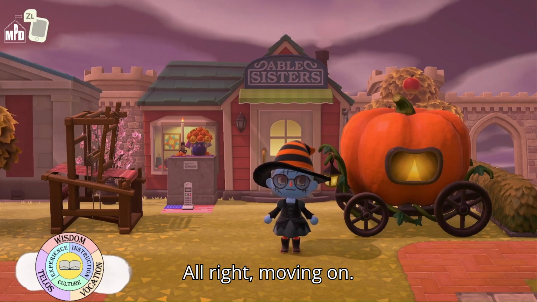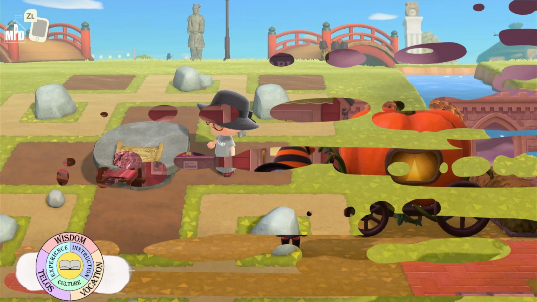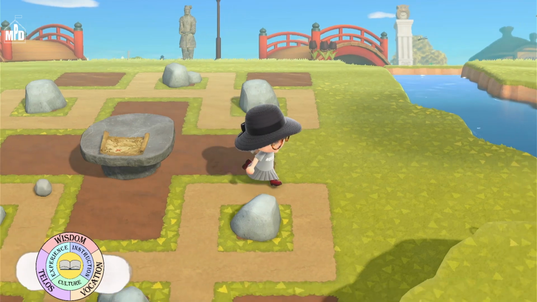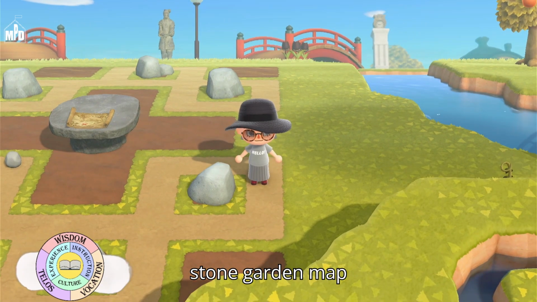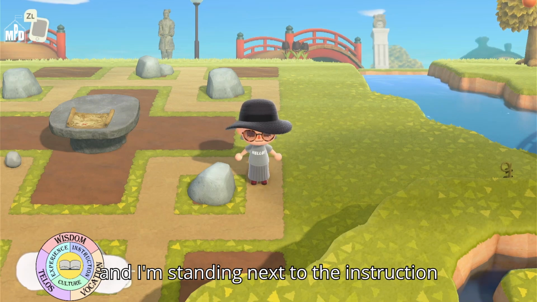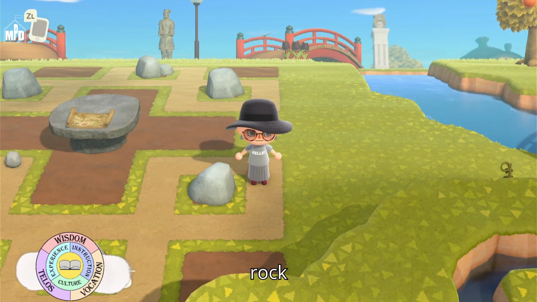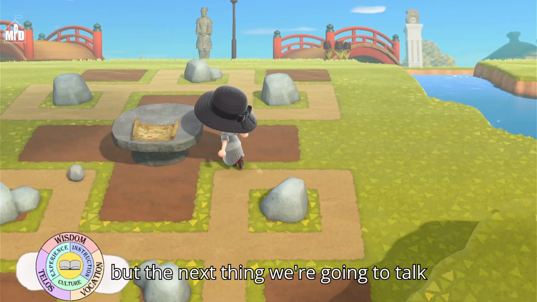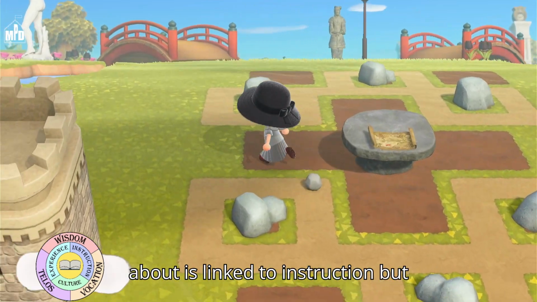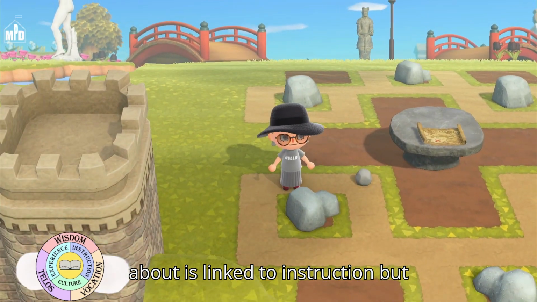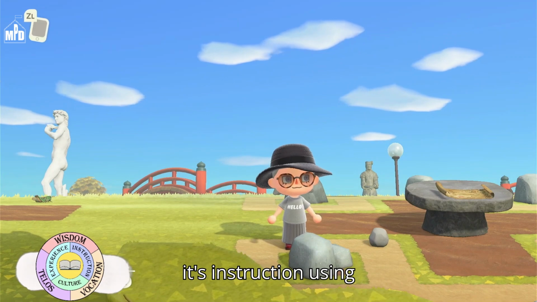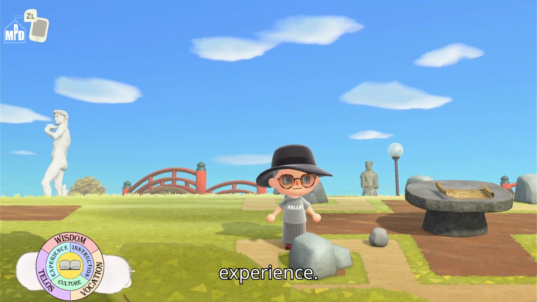All right, moving on. Here we are back at our stone garden map, and I'm standing next to the instruction rock, but the next thing we're going to talk about is linked to instruction, but it's instruction using experience.